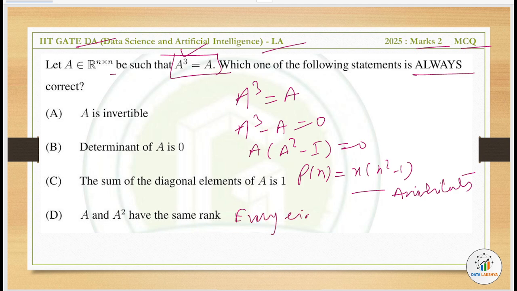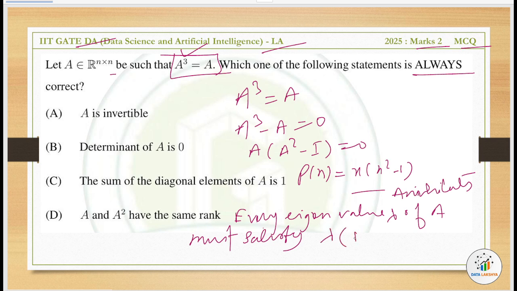Further, every eigenvalue lambda of A must satisfy, in terms of lambda, lambda square minus 1 equal to 0, or lambda minus 1 and lambda plus 1 equal to 0.